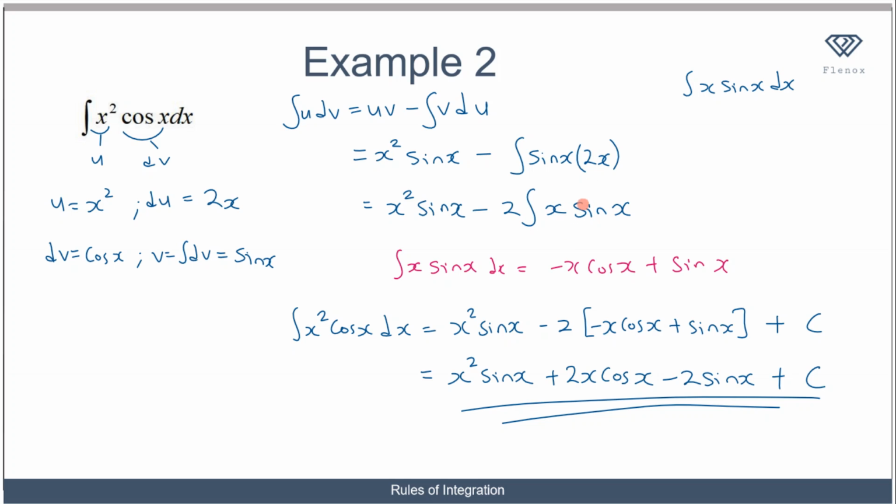But based on the previous example we solved, we got that to be equal to this. So we substituted this back, so we have this minus 2 into bracket the integral of x sin x, which is minus x cos x plus sin x, then plus our constant of integration. After further simplifying, we got this last line.